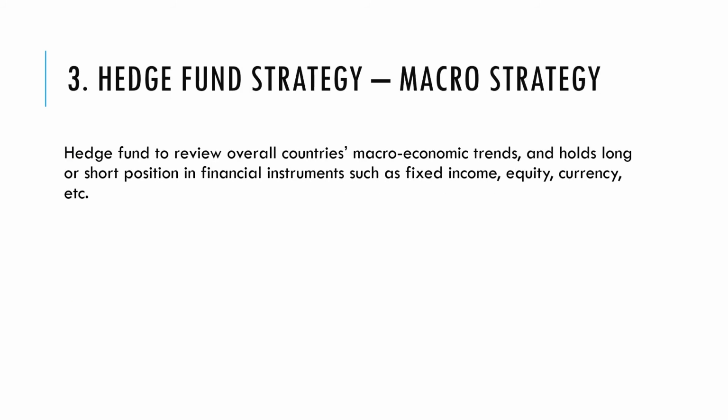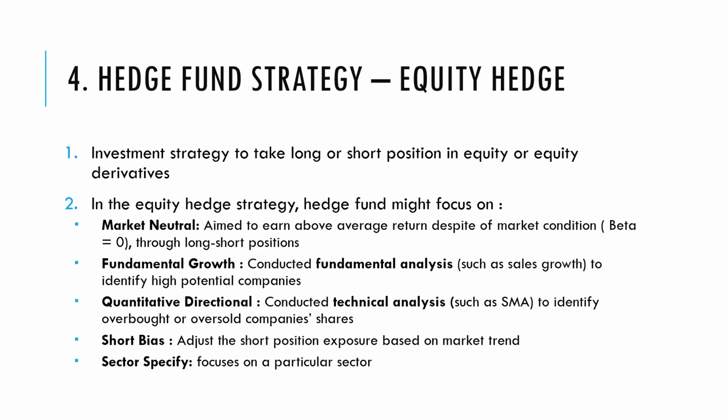The macro strategy is to evaluate macroeconomic fundamentals and employ the strategy. The equity hedge employs different financial instruments such as options, long or short positions, invested in the equity market. For example, a hedge fund could take a long position in American Airlines and a short position in Delta Airlines, to eliminate the industry impact or factor. That is known as the market neutral strategy.